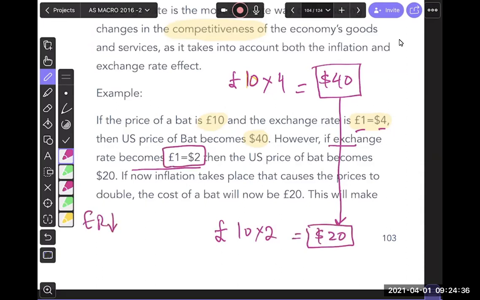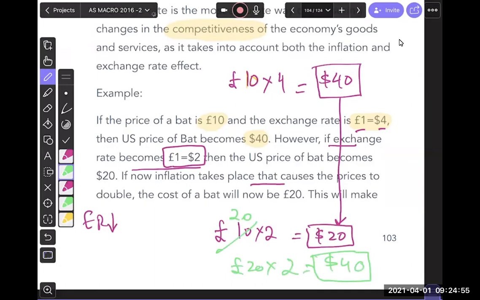But what if inflation takes place that causes the price to double? So this £10 becomes £20 because of inflation. So £20 times $2, you will see the dollar price will remain $40. Does that make sense?